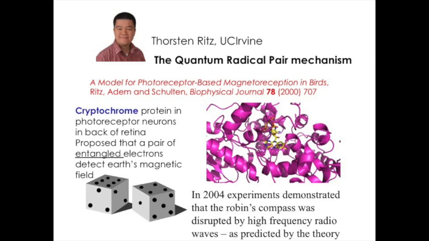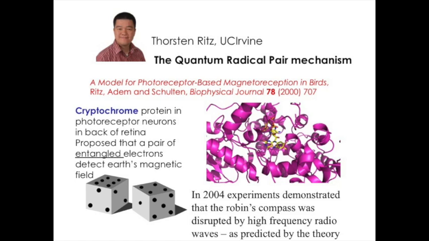Now, we didn't know what that radical pair was, but a radical pair is essentially generated by various chemical reactions in which you have radicals which have unpaired electrons, and if you have a pair of those, what's called a singlet or a triplet pair, then they can interact, and when they interact, they can detect a magnetic field. So they oscillate in a magnetic field, and if they interact and form a compound, then the rate at which they form this compound will be affected by a magnetic field.